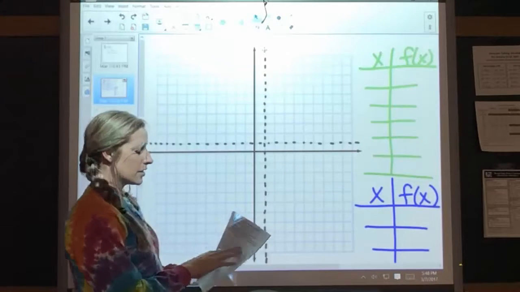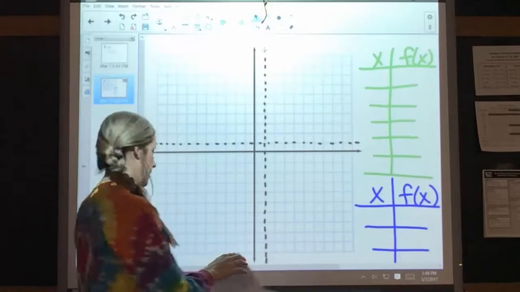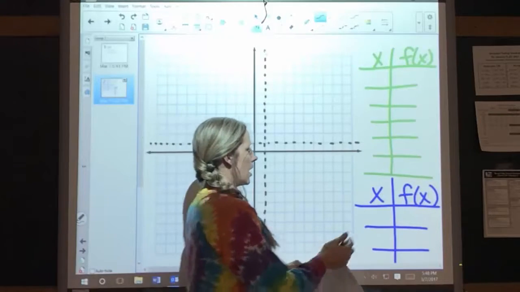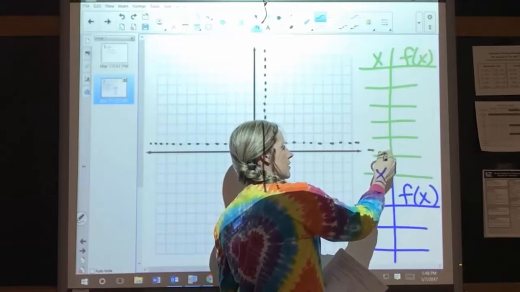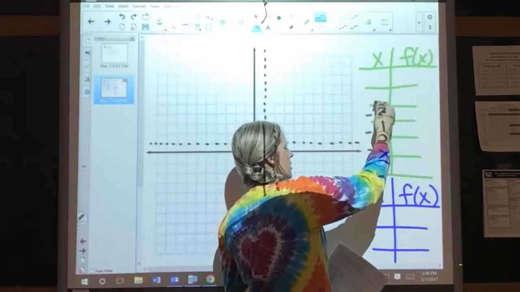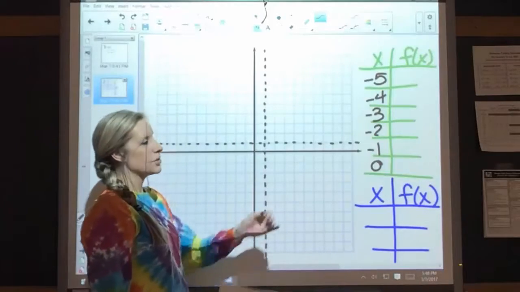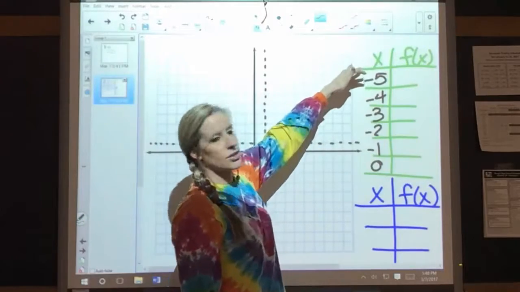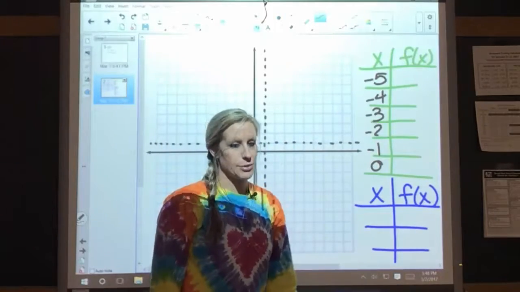If my vertical asymptote is x equals 1, I'm going to skip that x value. So I'm going to do everything before it. So 0, negative 1, negative 2, negative 3, negative 4, negative 5. I'm going to do everything before that vertical asymptote, and I'm going to do everything after the asymptote.